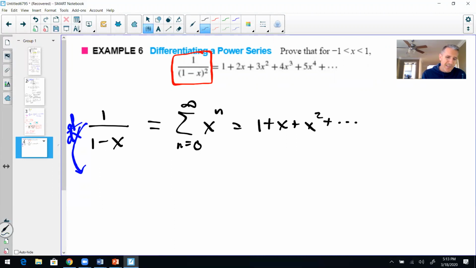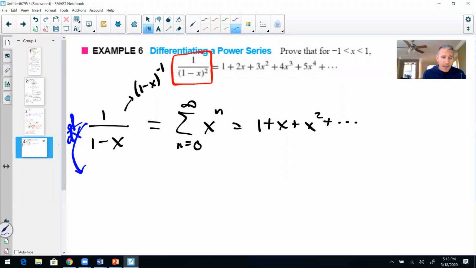This guy would look something like 1 minus x to the negative first power. So what's its derivative? Well, negative 1 times quantity 1 minus x to the negative second power times negative 1 because of the chain rule, right?